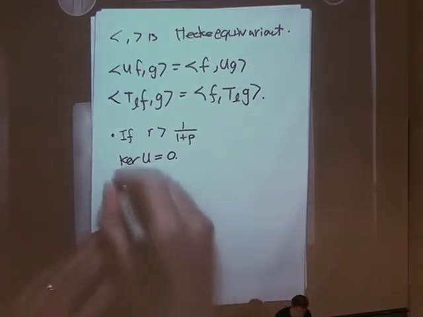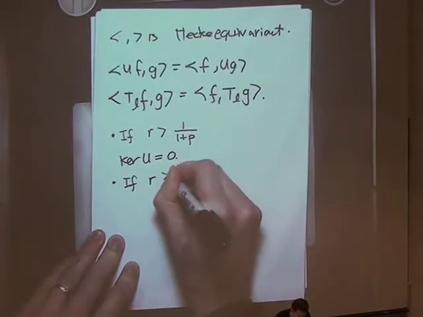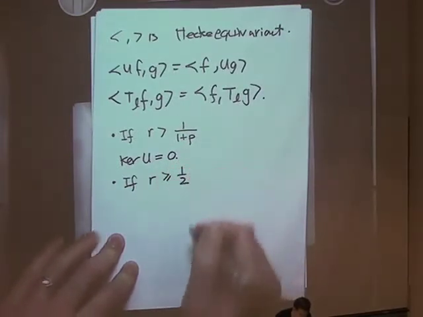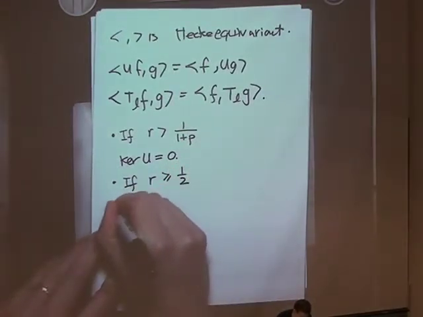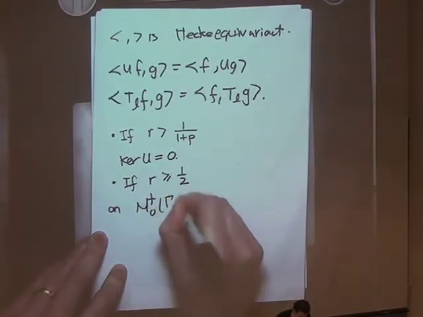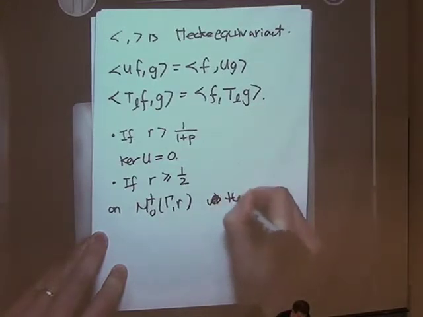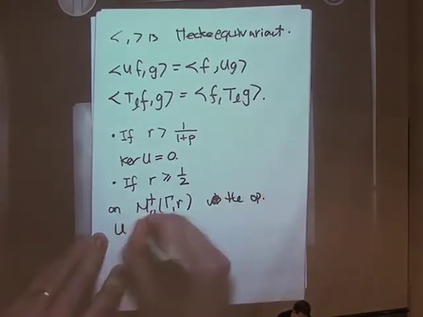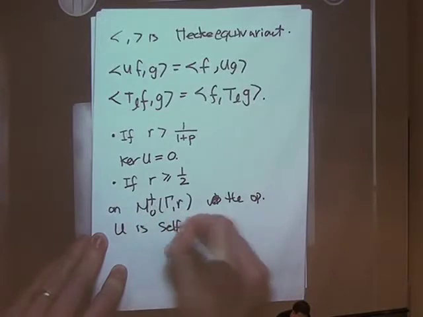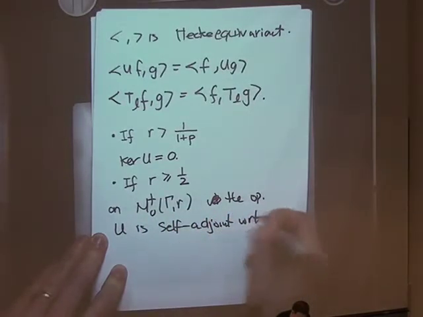And then similarly in this range, if we somehow also even know that R is bigger or equal to a half, then on this space, the operator U is self-adjoint with respect to this pairing.